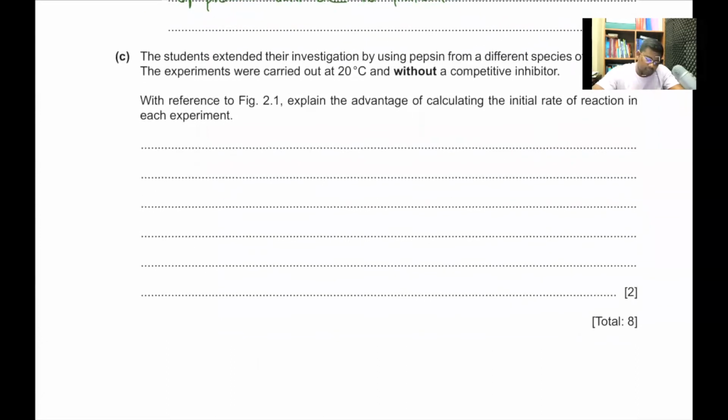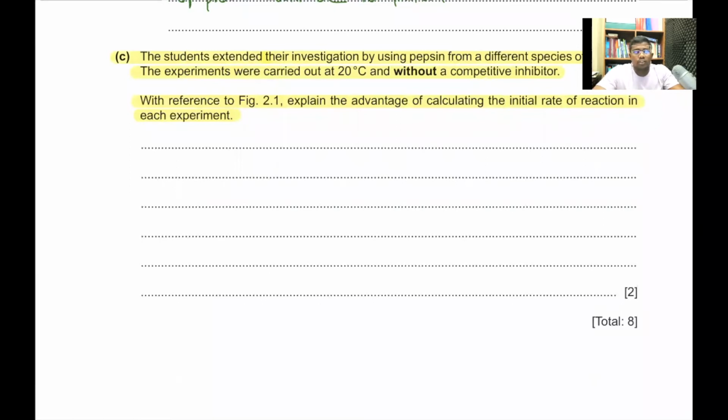Part C. The student extended their investigation by using pepsin from a different species of mammal. The experiment was carried out at 20 degrees Celsius without a competitive inhibitor. With reference to figure 2.1, explain the advantage of calculating the initial rate of the reaction in each experiment.